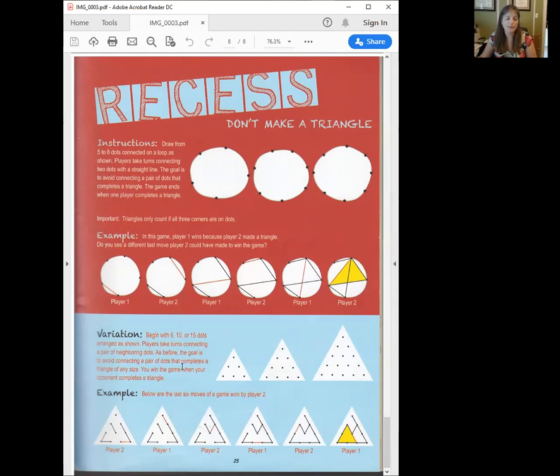Players take turns connecting a pair of neighboring dots. As before, the goal is to avoid connecting a pair of dots that completes a triangle of any size. So there's an example there. Good luck, have fun. Chapter 1, Shapes of Book 3A, Beast Academy, will continue in the next video.